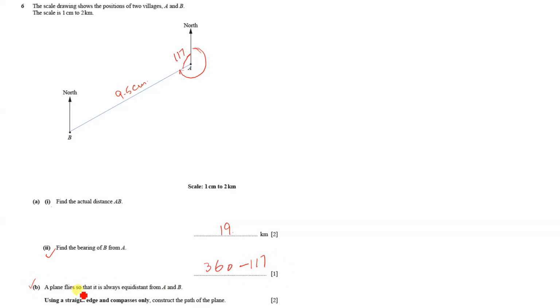Part B. A plane flies so that it is always equidistant from A and B. Using a straight edge and compass only, construct the path of the plane.